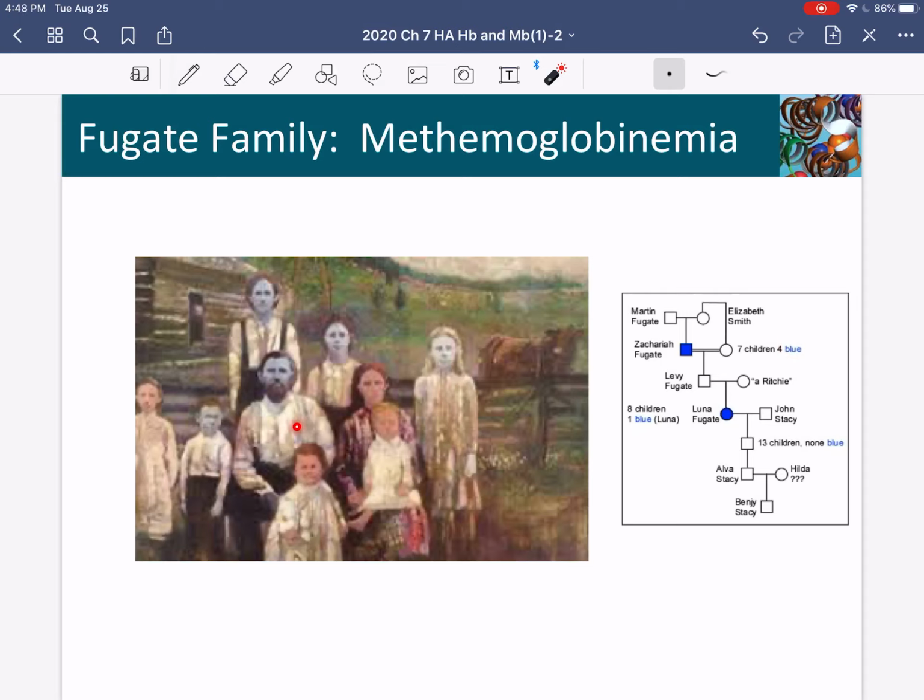This is Zach Fugate, and there were some more blue children later on in their family, and I think another blue person came up more recently. But as there's been less inbreeding, this phenotype is recessive, so it hasn't shown up as much anymore. So it's an old phenomenon. Methemoglobinemia.